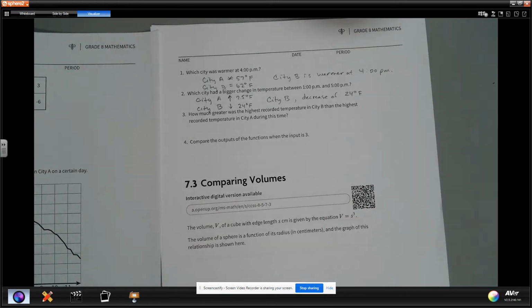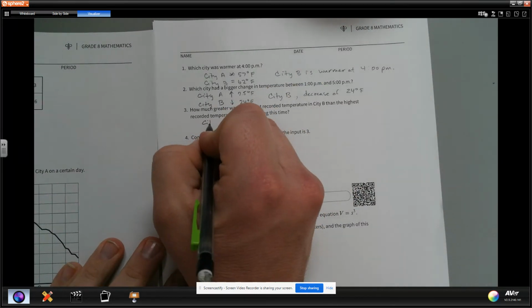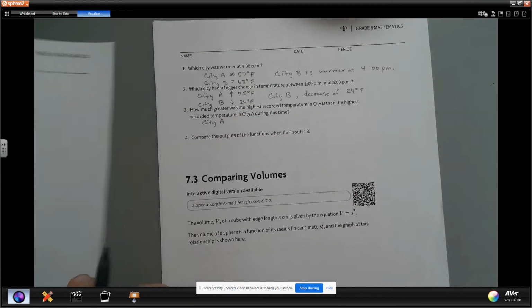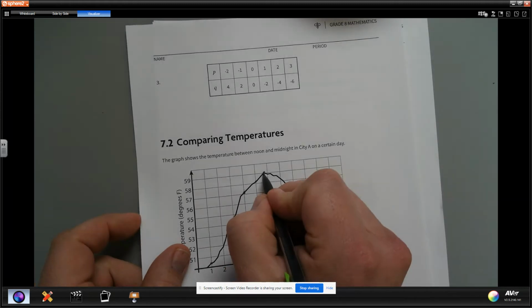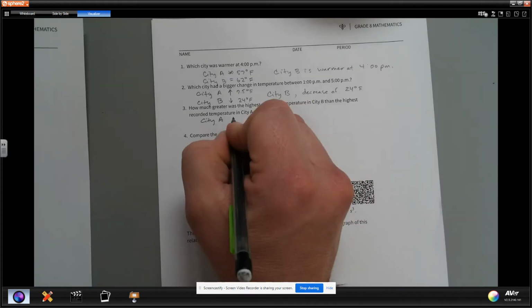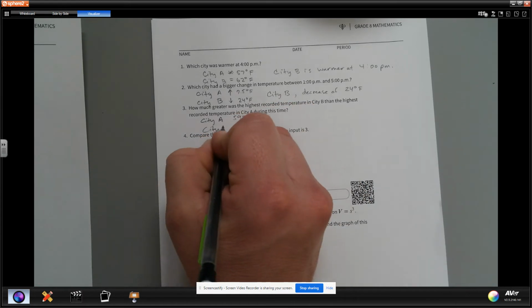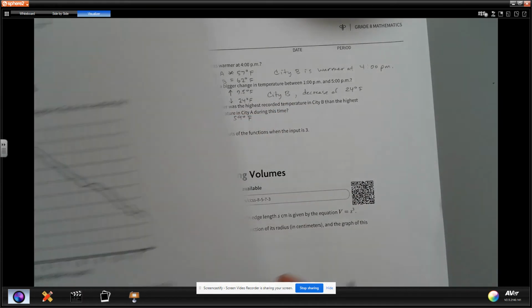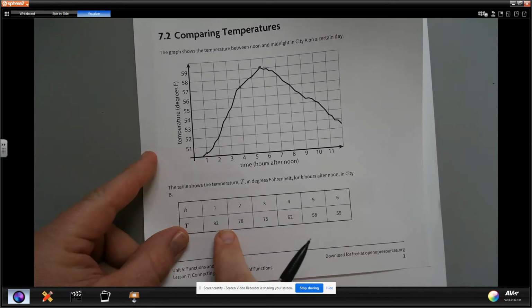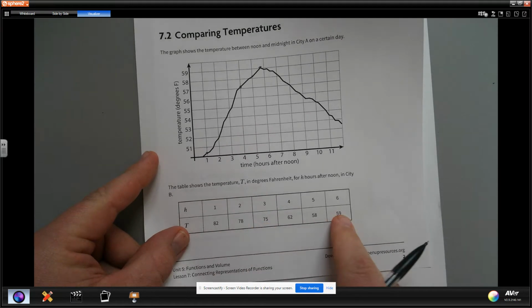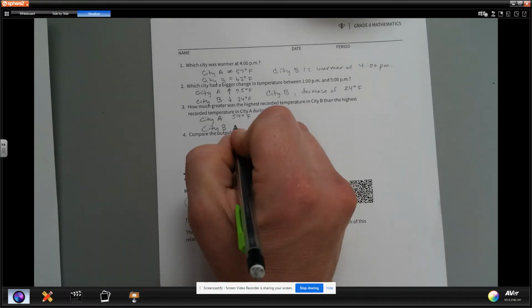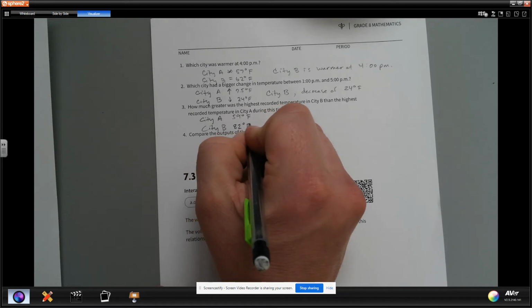All right, how much greater was the highest recorded temperature in city B than the highest recorded temperature in city A during this time? Let's look at city A, the highest temperature. Looks like the highest recorded temperature was 59 degrees Fahrenheit. In city B, the highest temperature here, 82 degrees Fahrenheit.